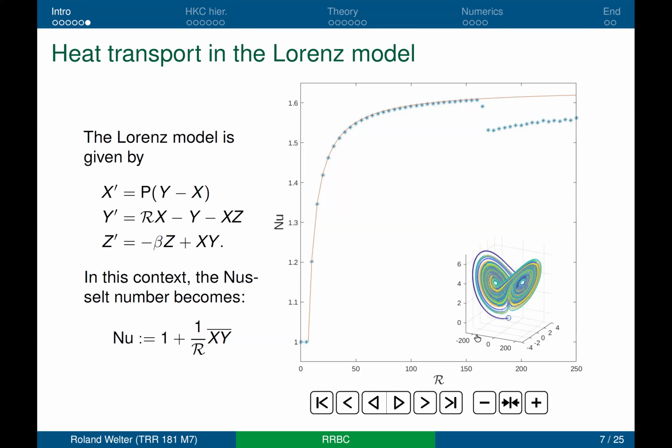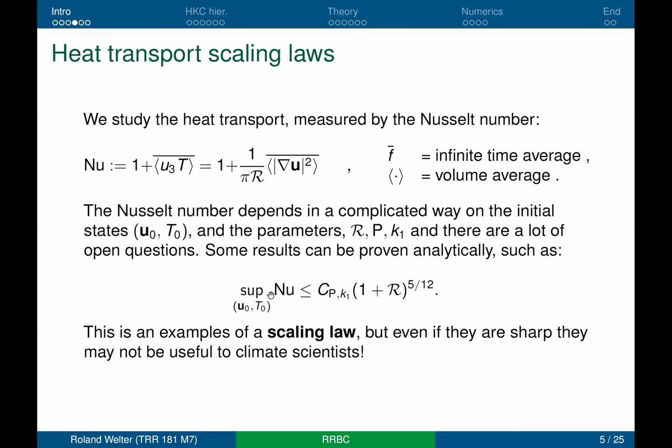So this is one aspect. Right away, we can see that an upper bound of this kind is not really what we want for analyzing the climate.